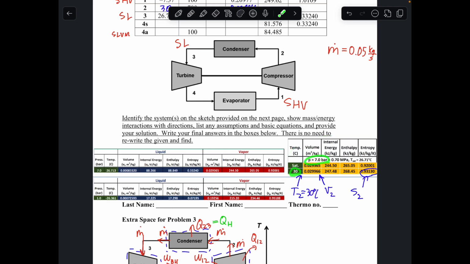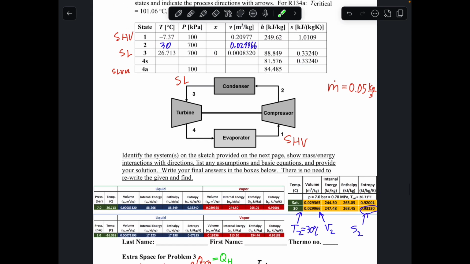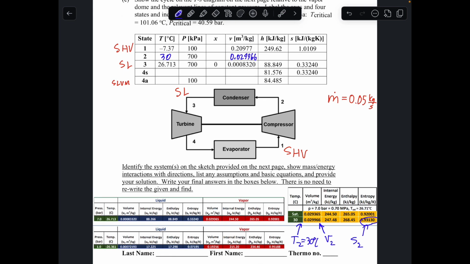We're going to be in this region, so our entropy value is just going to be this value right here. And so we can just take it right off of the table. So I'll write it in our chart. This is going to be 0.93130. And I'll just write this in so we remember we'll be in the superheated vapor phase for this one as well.